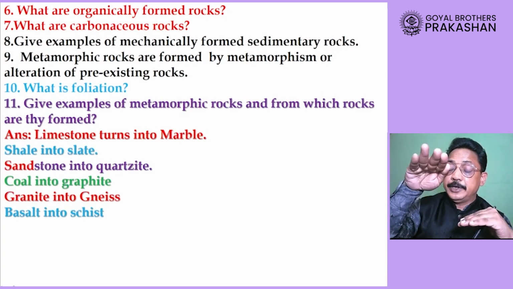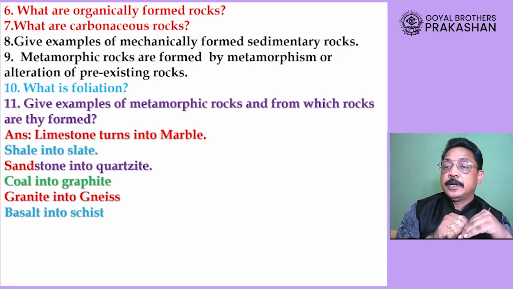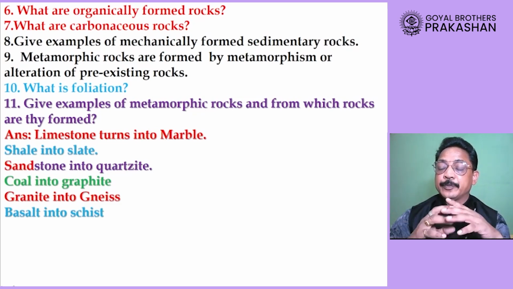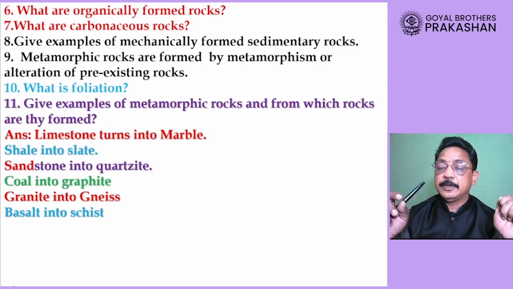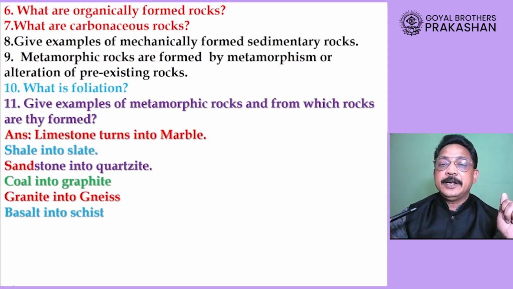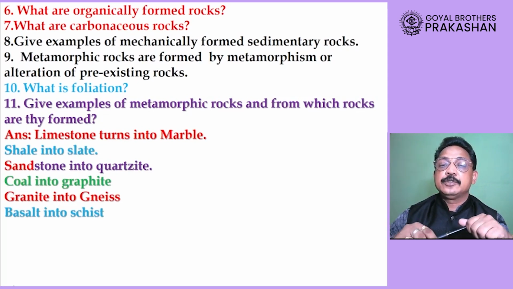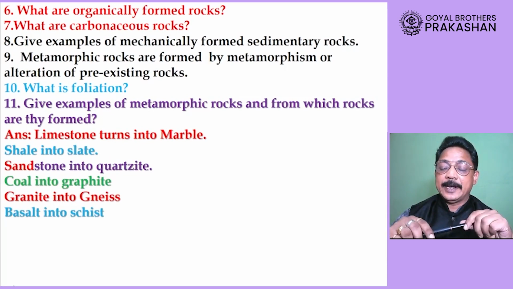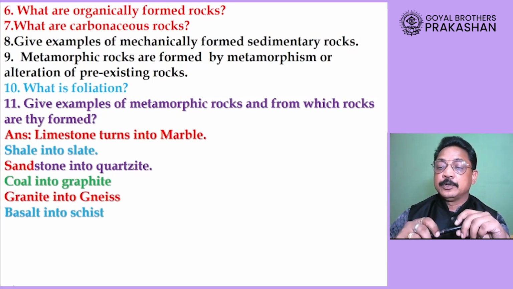So because of pressure exerted by water and also because of the pressure exerted by the top layers of the soil, the lower layer starts getting compacted, in which the body of the plant and animal is stuck, which ultimately gets converted into hard rocky material. We call this also by the name fossils. So fossils are nothing but sedimentary type of rocks.